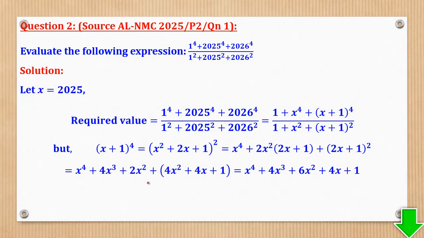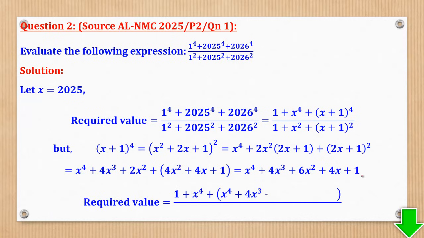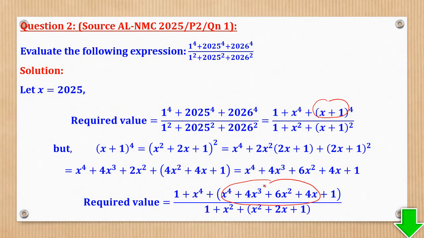Then from there, I can now open this bracket to come up with this. In the end, I come up with that. Therefore, the required value now, I've put this one here, replace this with this. And also now I can expand this to give you this. It's a non-identity.